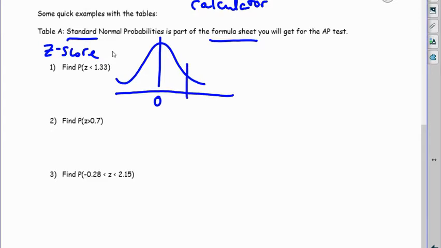I'm not going to care too much about that point of inflection, even though that technically would be where the 1 would be. I'm not going to worry about that. Don't feel like you have to draw yours to scale. I want to be below a 1.33. So see how I'm shading that curve? Okay, so now let's go to our table and we're going to find, using the table, how to do this.